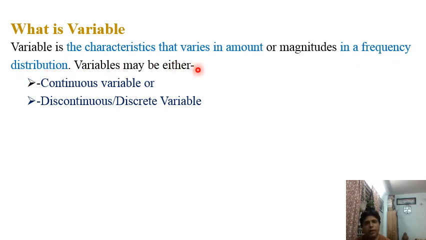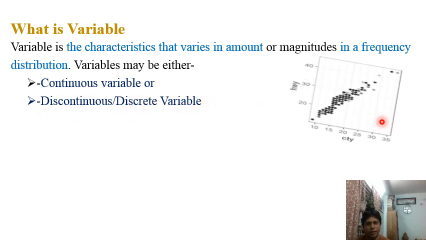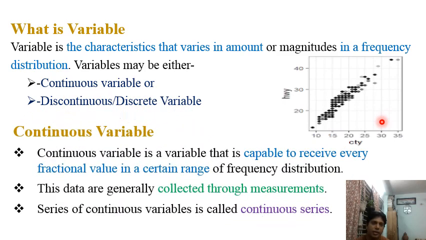A variable may be either a continuous variable or a discontinuous variable, also called a discrete variable. A continuous variable is a variable that is capable of receiving every fractional value in a certain range of a frequency distribution.